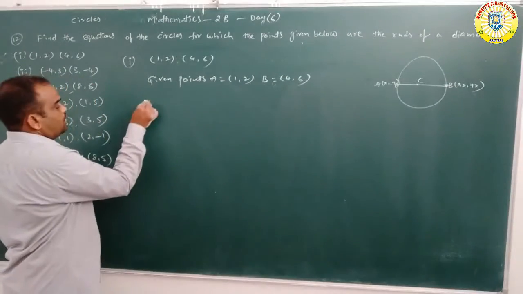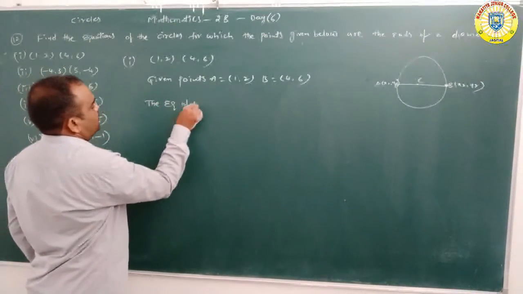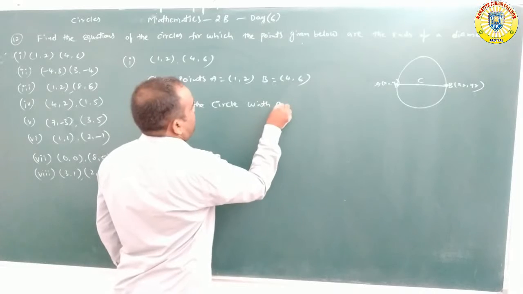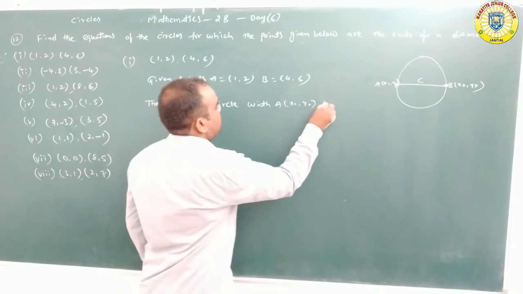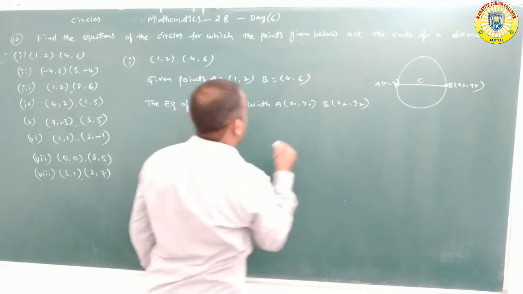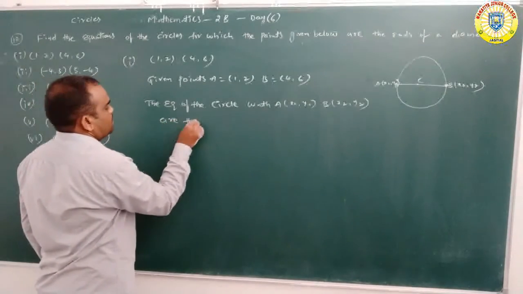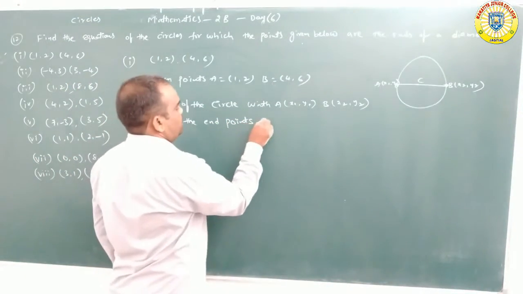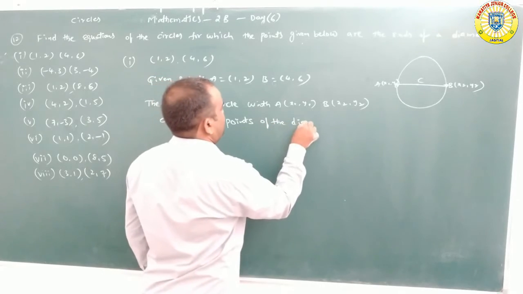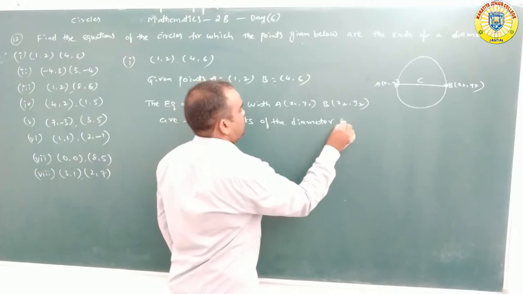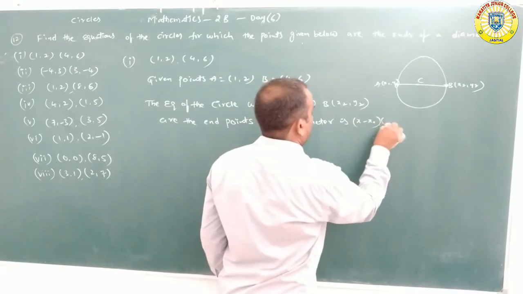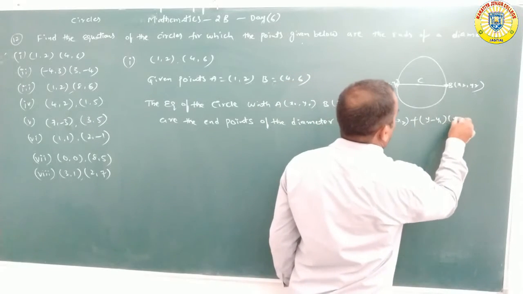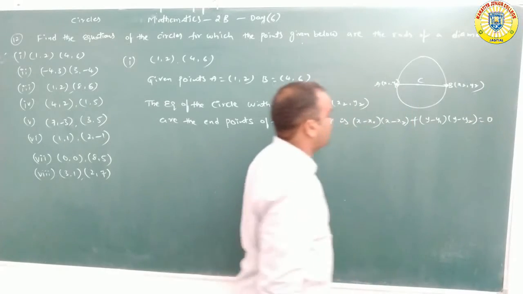So the equation of the circle with A of x1 comma y1, B of x2 comma y2 as the end points of the diameter is x minus x1 into x minus x2 plus y minus y1 into y minus y2 is equal to 0. This is the formula.